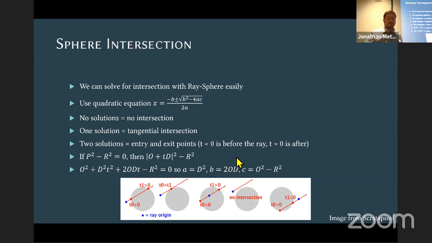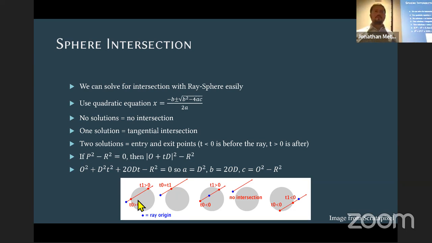All right, and so we have 5 cases. Case number 1 is the ray is behind the object, and so we get 2 real solutions, T0 and T1. They're both greater than 0. We just pick the closest one. That is our closest hit. And if they're both the same, that means we're grazing the surface of the object. If our ray starts out in the middle, and this is a case where if you're ray tracing inside of a container of water, then you're starting inside the volume.